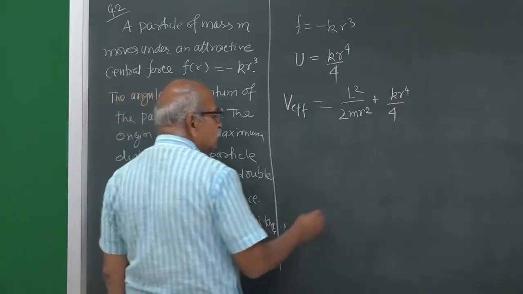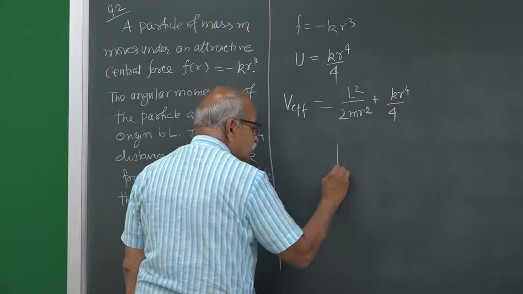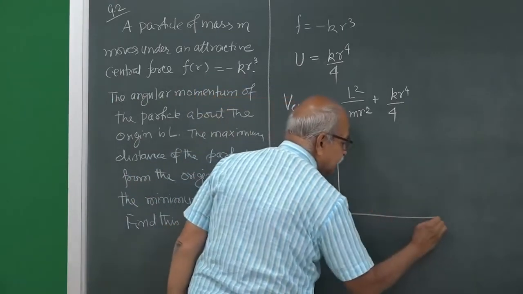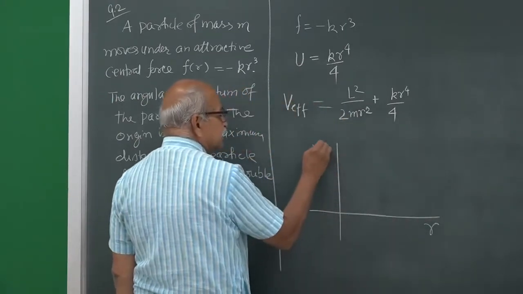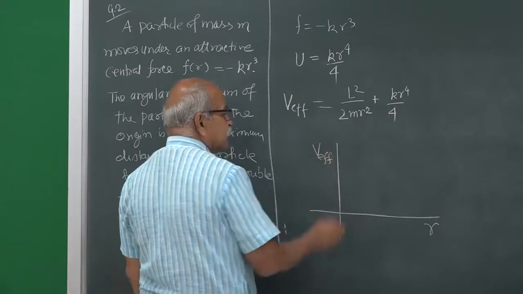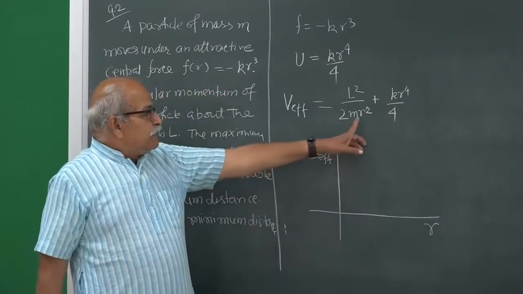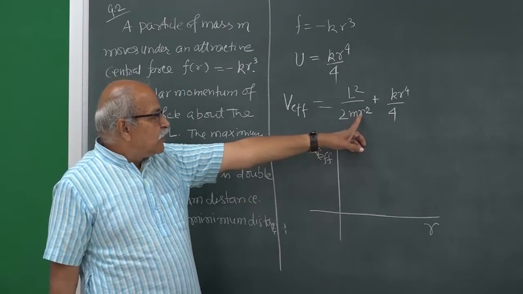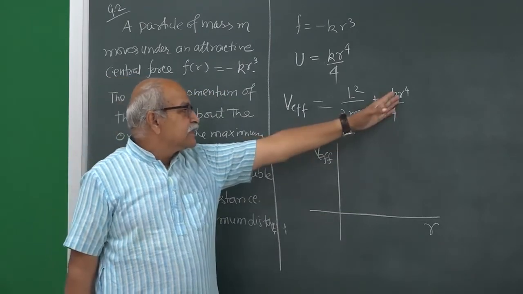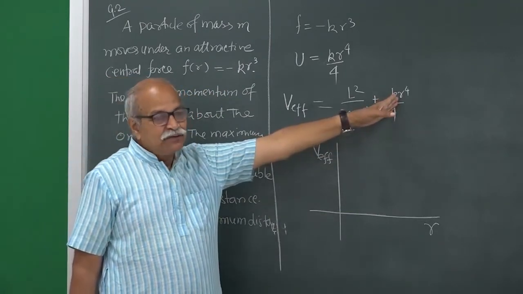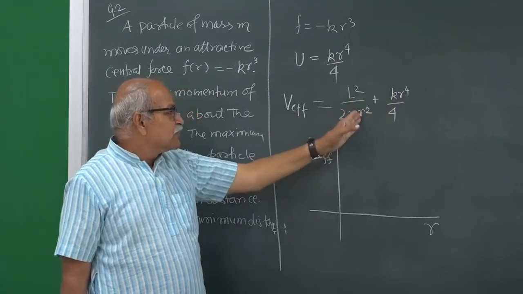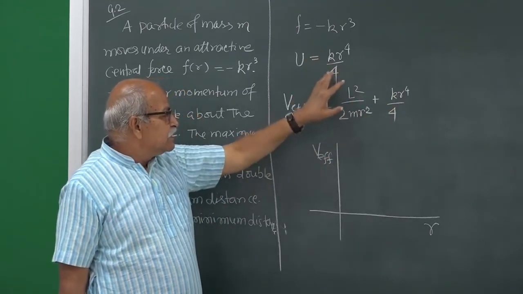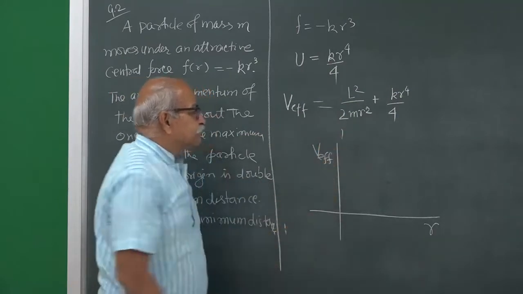And if we draw the potential energy, how will it look like? If this is R and this is V effective, and if you take very small values of R, this is negligible, so it is going to 0, and this is going to infinity, so it comes from infinity.